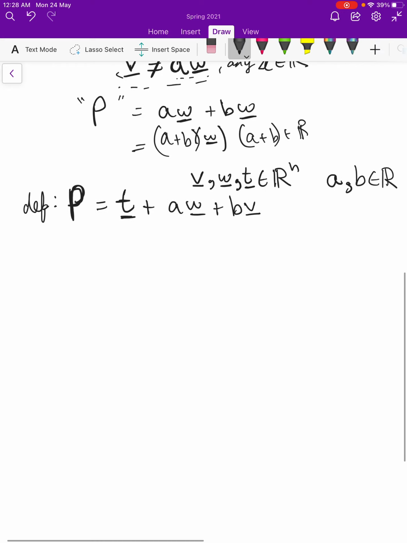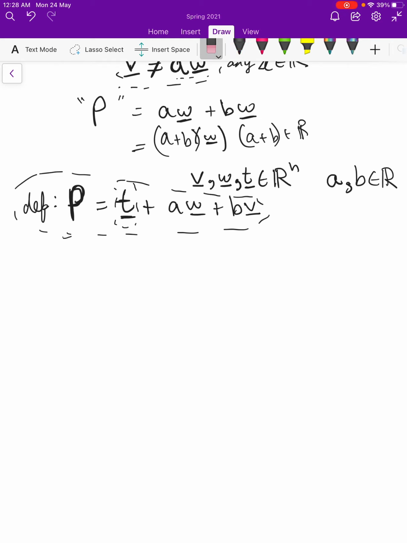Now, all the planes we've discussed until now do fit under this category if t is the zero vector, or if t is a multiple of the vector w, or the vector v.